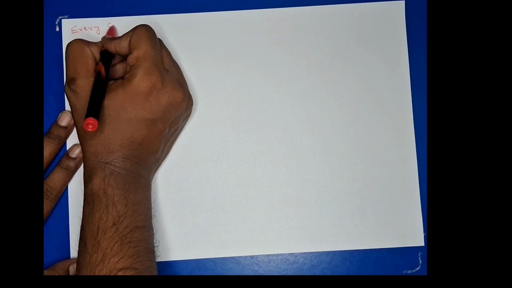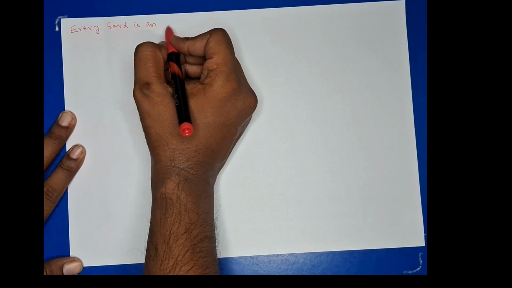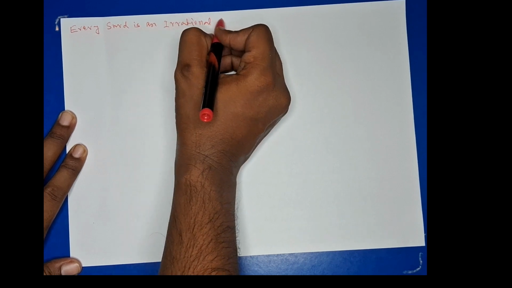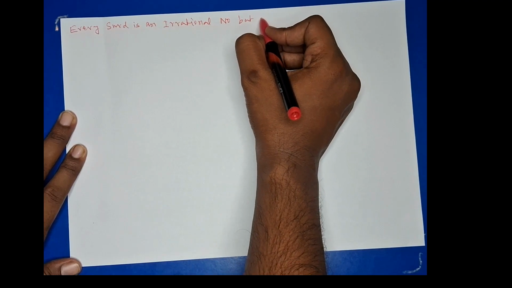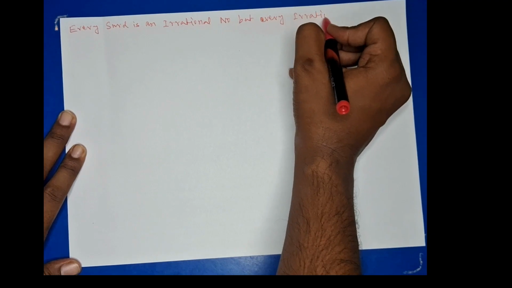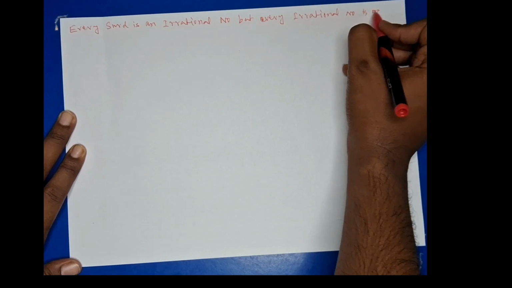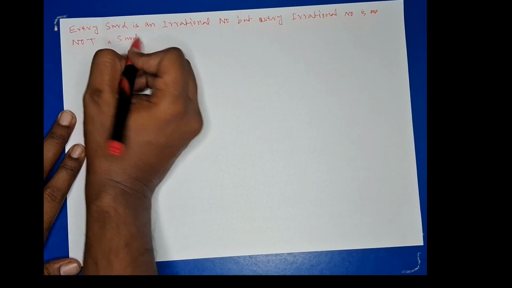Now, one statement you have to remember: every surd is an irrational number, but every irrational number is not a surd.